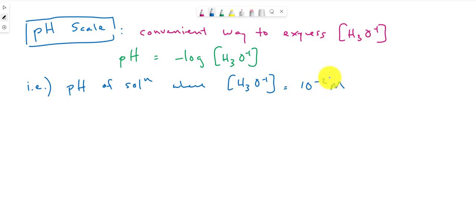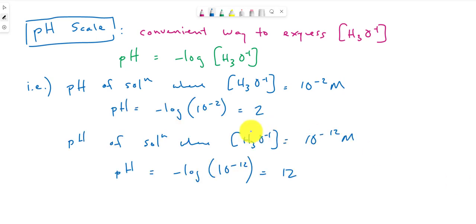The log of this is going to be negative 2, and the negative of that means the pH here is simply going to be 2. You can convince yourself of that by writing it out on a calculator. Similarly, we can look at the pH of a solution that's much smaller, 10 to the minus 12. No different. Negative log of 10 to the minus 12 is just 12.